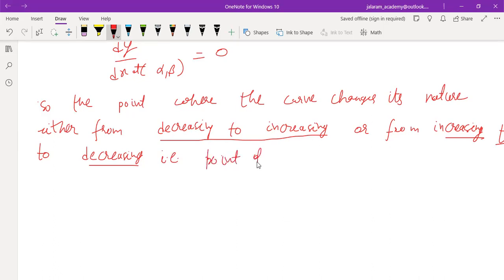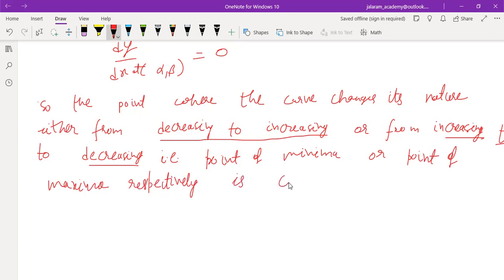In the first case, it is the point of minima, or point of maxima, respectively. Is called turning point. Is that clear to everyone? Yes, sir.